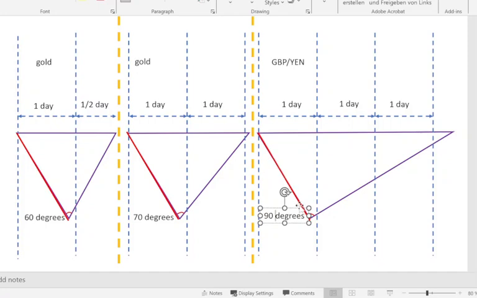In this case, we would know the length of this edge and this degree here.